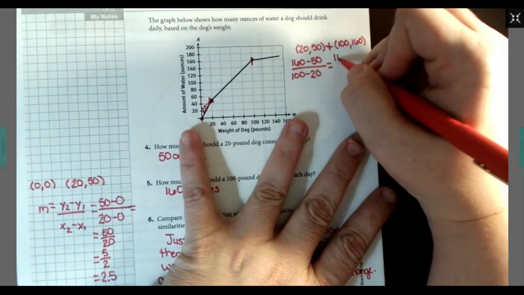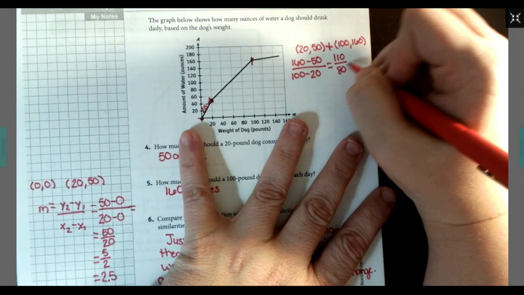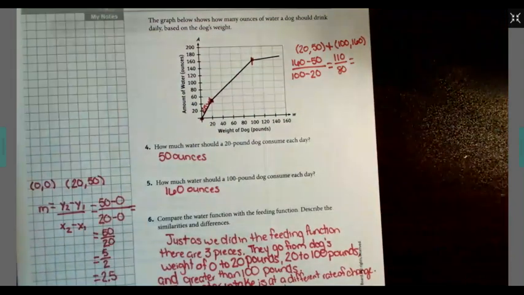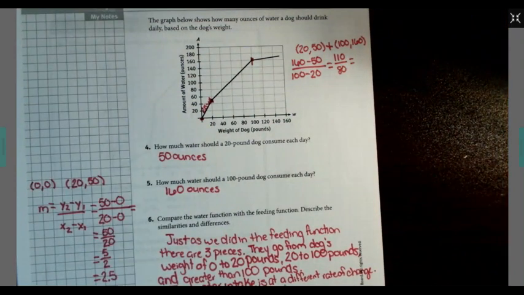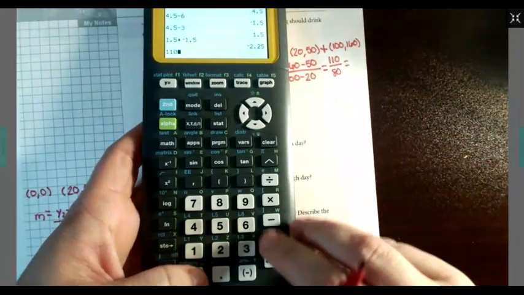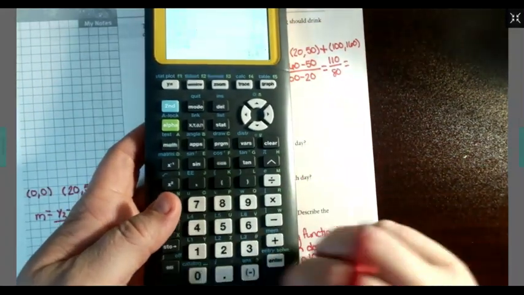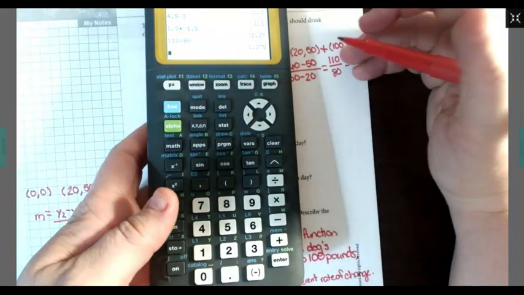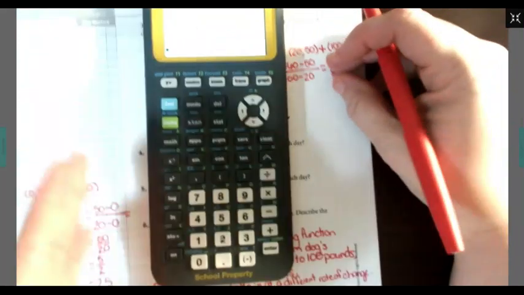That's going to give me 110 over 80. 110 divided by 80 is 1.375. Sorry.